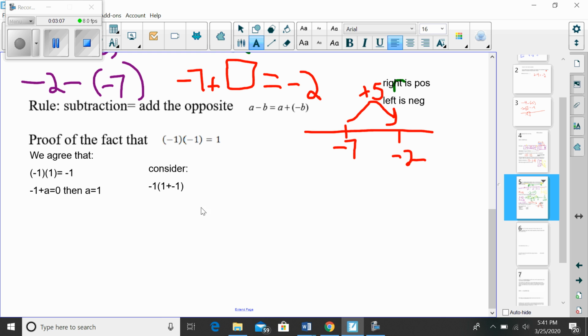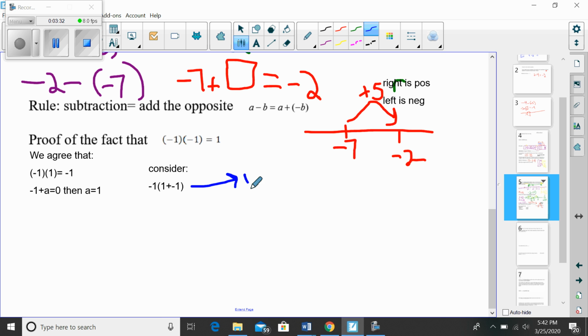When we consider this expression, according to what we agreed on, if I add a number to its opposite, it has to be 0. And then we also agree that 0 times anything is 0. So there's no other possible answer than that this expression must equal 0.